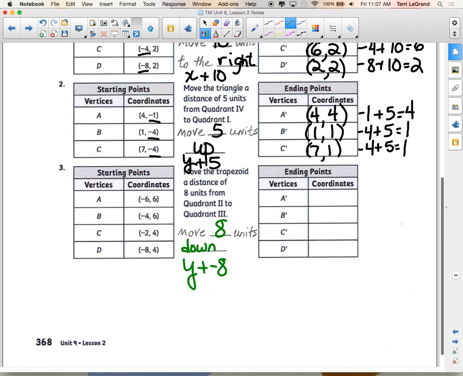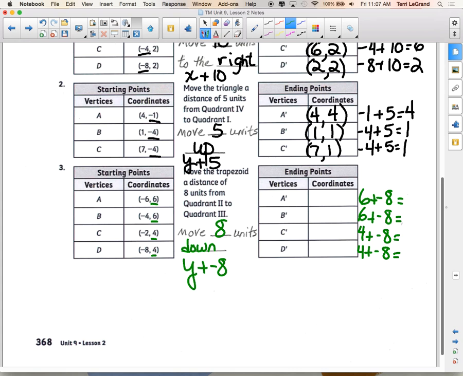So we're going to take all of our y values, those are the ones that are going to be affected, and we're going to add a negative 8 to each of them. But in reality, our brain only has to work a couple of times, right? 6 plus negative 8, what's that?